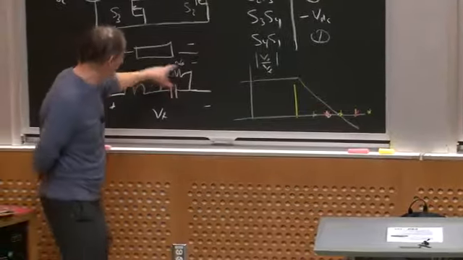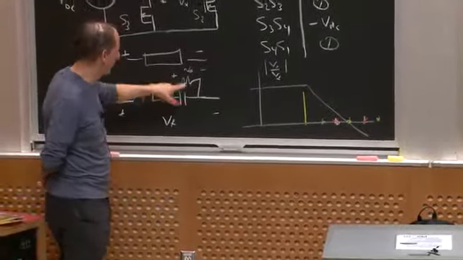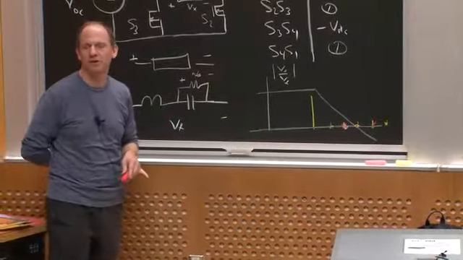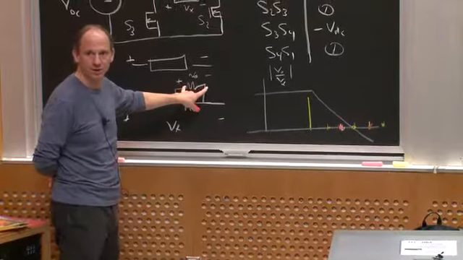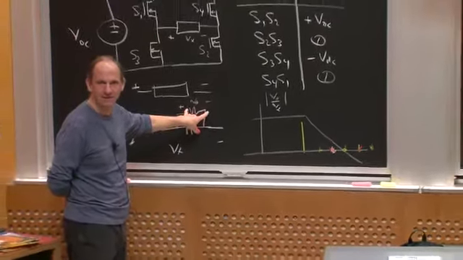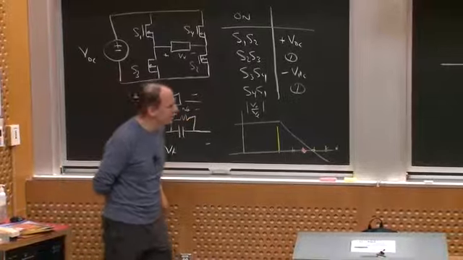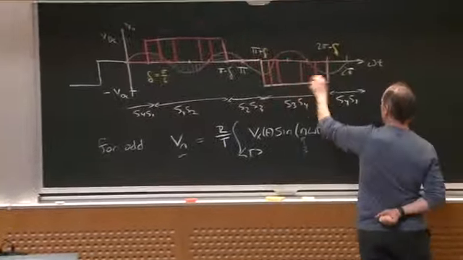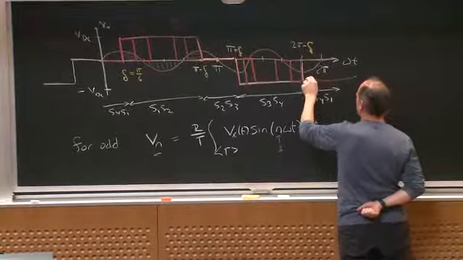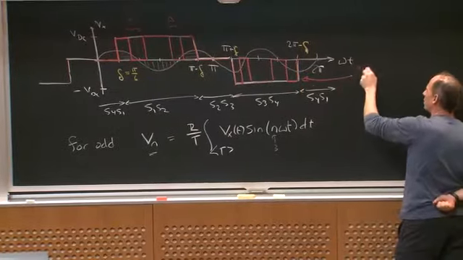That makes it easier for this filter to kill it, or equivalently, for the same filter, I get a more pure sine wave at my actual output over here. Any questions about that? This kind of trick, where I introduce new pulses in each half cycle, is called harmonic elimination.